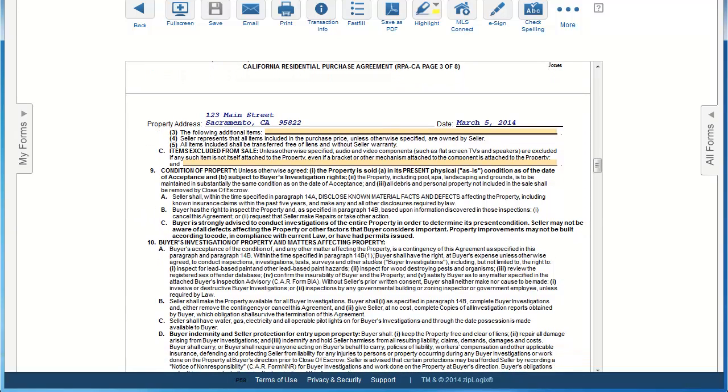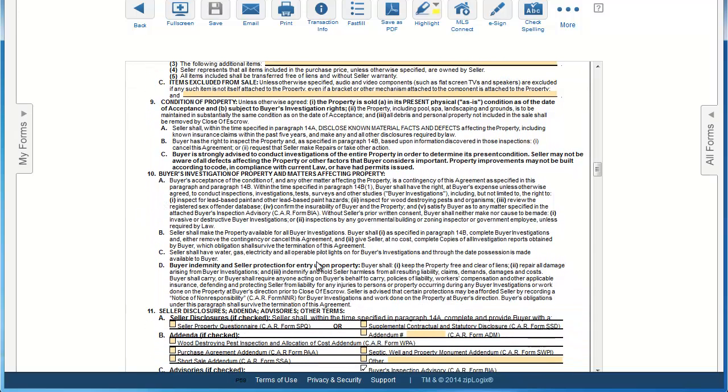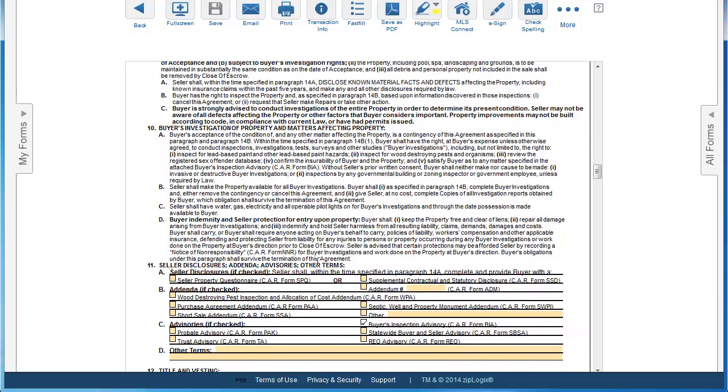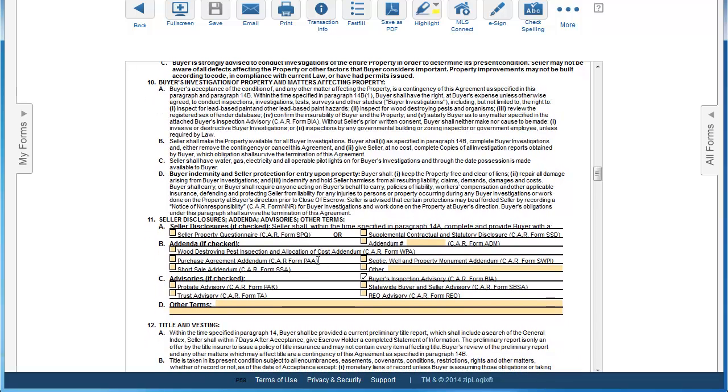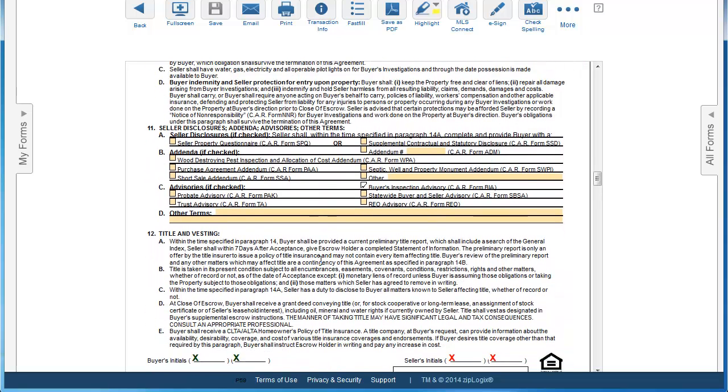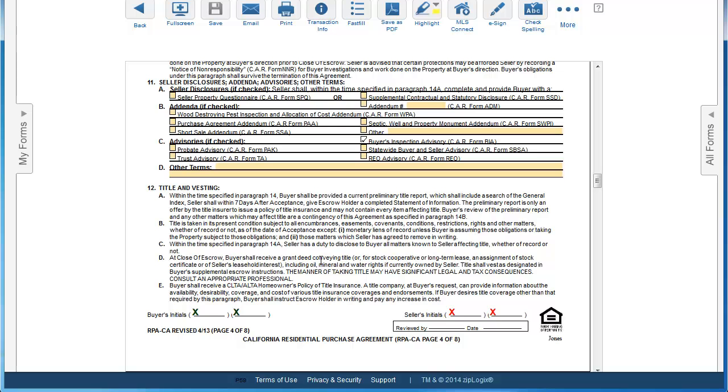Again, you can just go down here and read all of this. Very important information. This is just the seller's disclosure form that they're going to be filling out, disclosing the condition of the property and everything else. Title vesting is how they're going to hold title to the property.